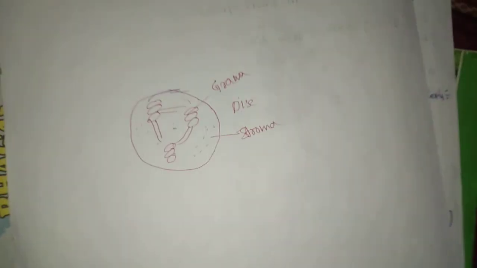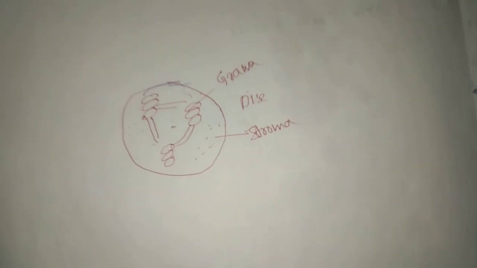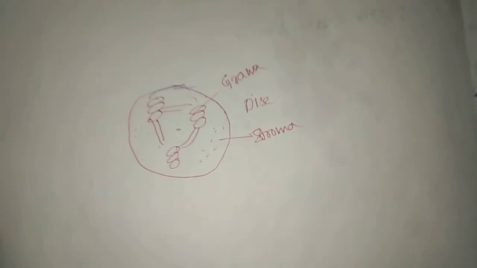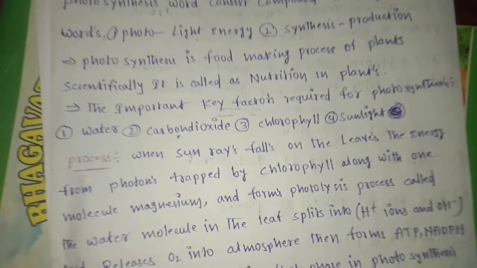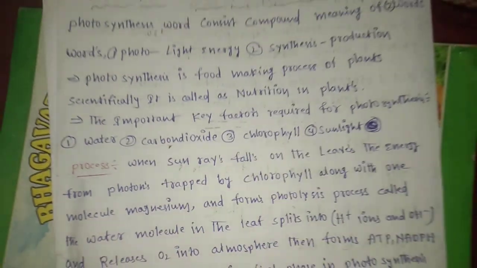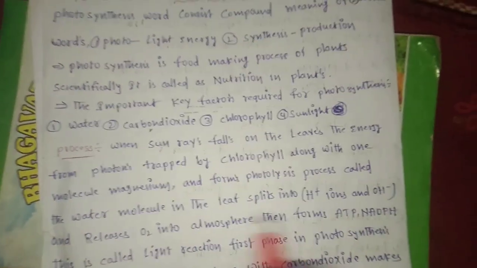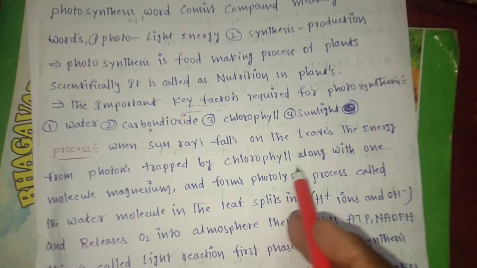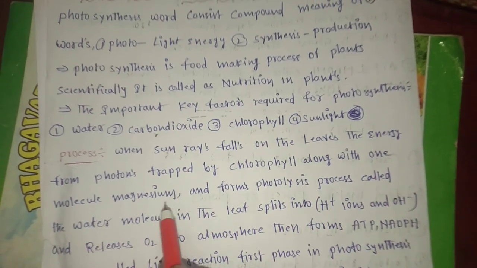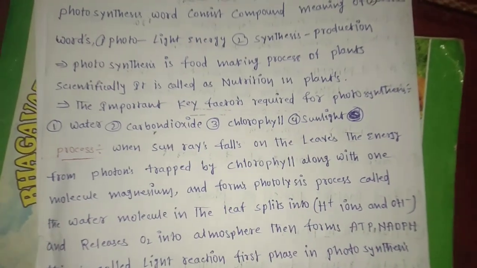So they can trap the sunlight, like when a rat enters a cage, it will be caught. So they act as light harvesting molecules, trapping photons, and this forms the photolysis process.